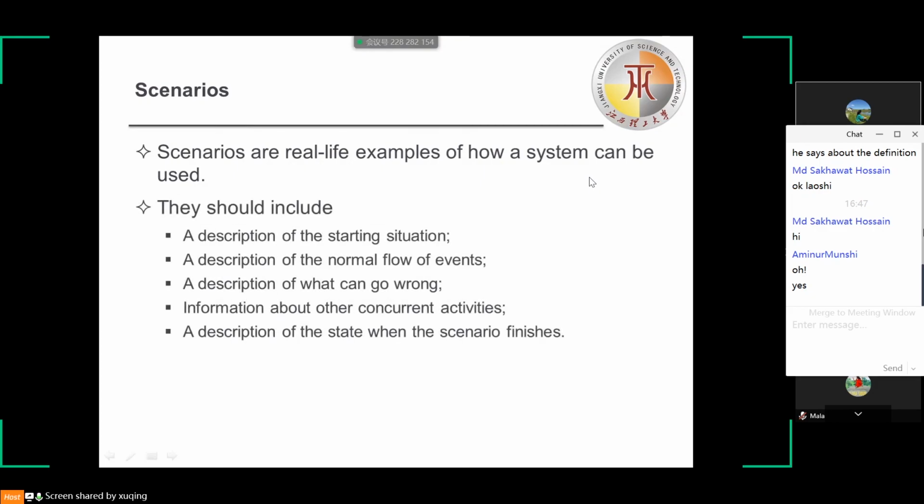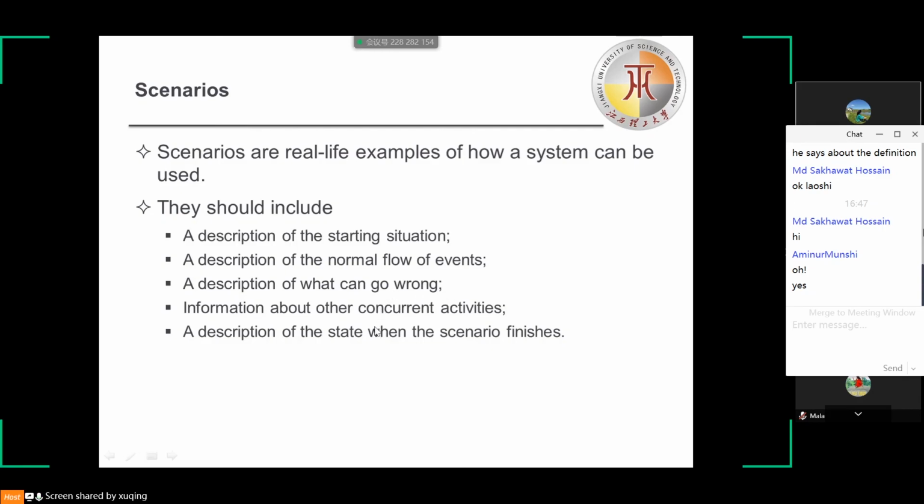A scenario starts with an outline of the interaction, and during the elicitation process, details are added to the outline and recreate a complete description of that interaction.